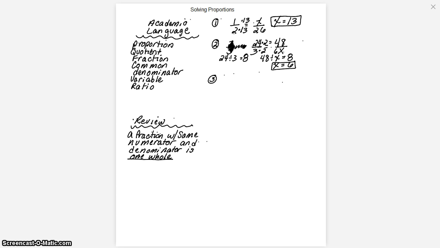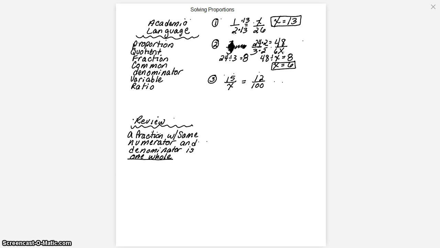So what do we have? Let's try an example of 15 over x is equal to 12 over 100. And over in review, I'm going to put something that you should be remembering maybe about now. Any number over 100 is going to represent a percent, or it could represent a percent.